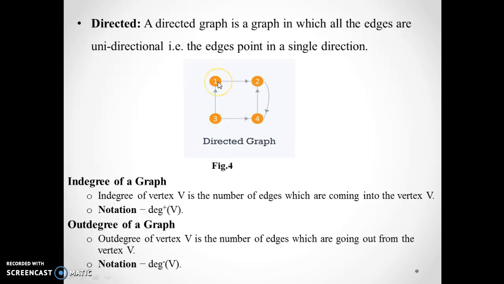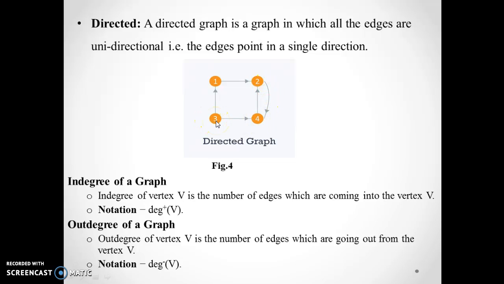So, the edge connecting 1 to 2 has a direction from 1 to 2. Suppose the edge is between 2 and 4, but the flow is from 4 to 2. And again there is another edge that is flowing from 2 to 4.